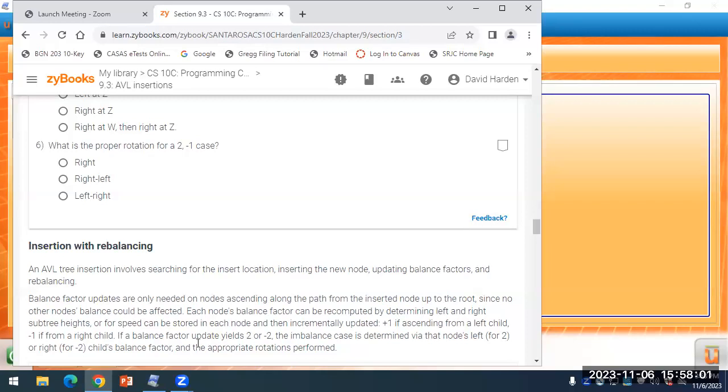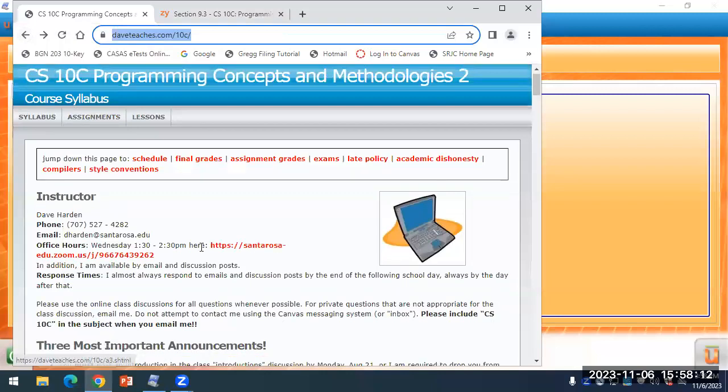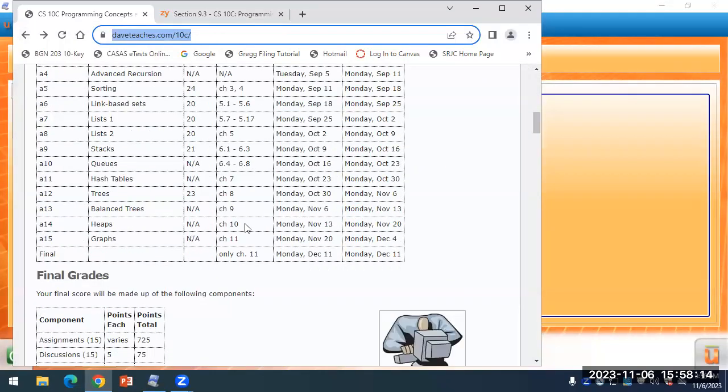We'll talk about heaps next Monday. The Monday after that, we'll talk about graphs, and I think I'll be pretty much done. Because the 27th and the 4th, I probably won't do meetings. So 2 more.